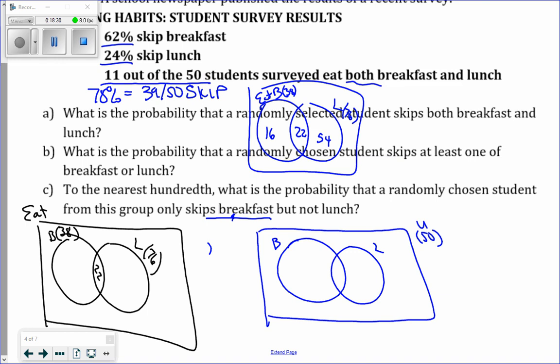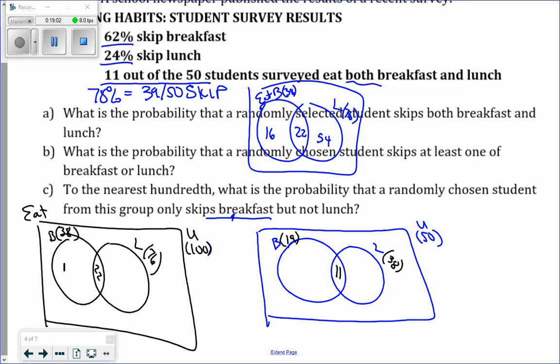If you want to do it with numbers, so this is universal being 100, this would be 11 out of 50. 38% of 50 is, what's 38% of 50? 0.38, I think 19. And 76% of 50 is 38. Okay. So we would just subtract here for percents.